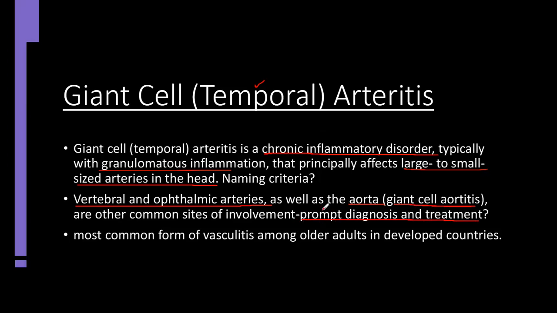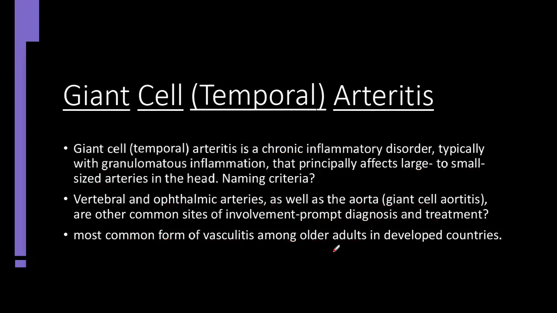There is need for prompt diagnosis and treatment because it can involve the ophthalmic artery, and once the ophthalmic artery is involved, it can lead to sudden total blindness, okay? And it is the most common form of vasculitis occurring among older adults in developed countries. So mainly it is a disease of people above the age of 50. Rarely will you find it below the age of 50.